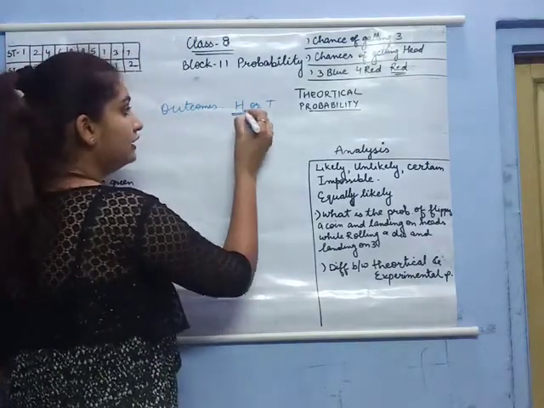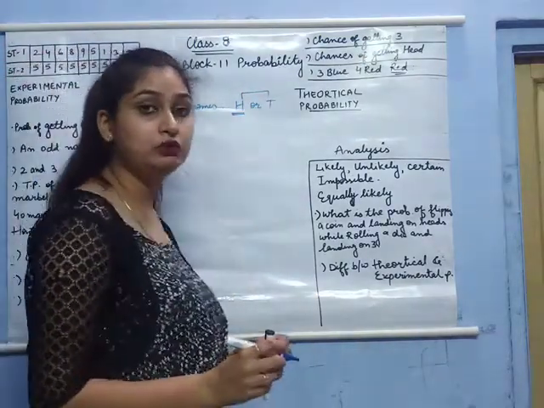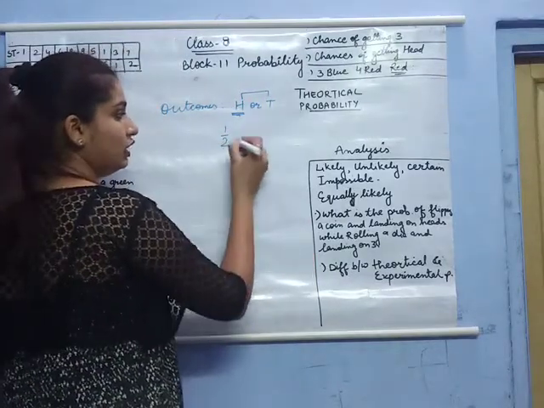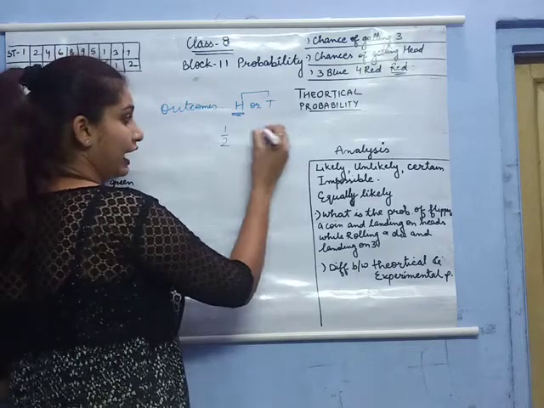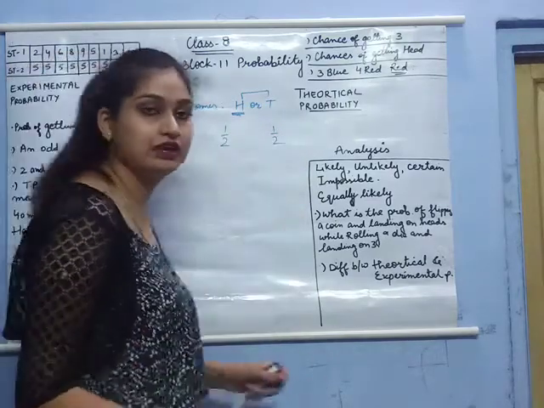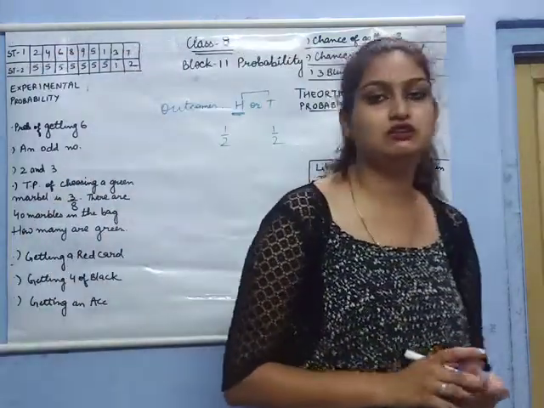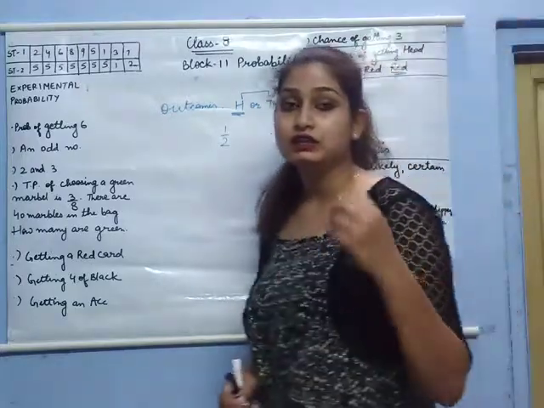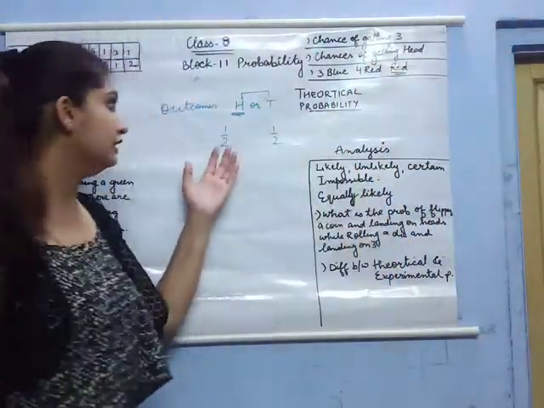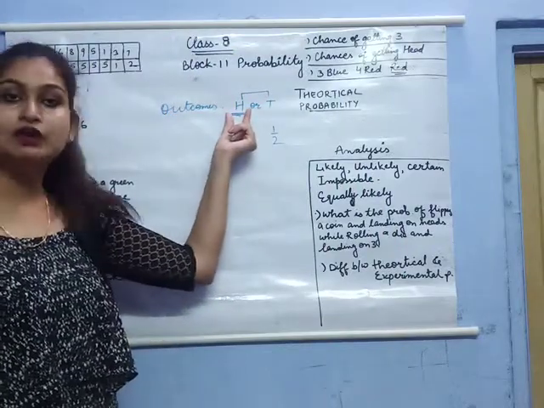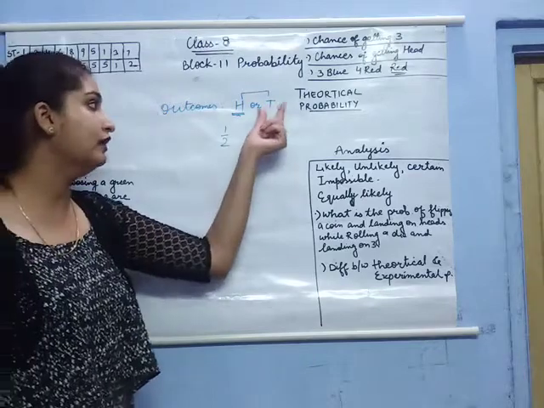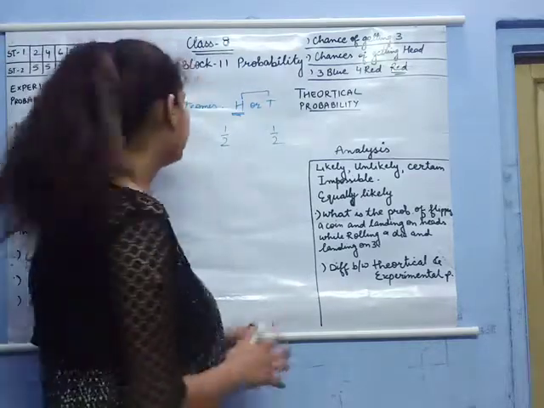There are two outcomes, so there is a 50% or half chance that we can get head, and half chance that we can get tail. There is no chance that we will get neither head nor tail. So this is the probability of getting a head while tossing a coin, and this is the probability of getting a tail while tossing a coin.